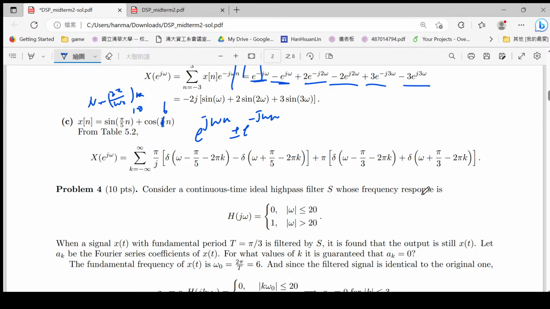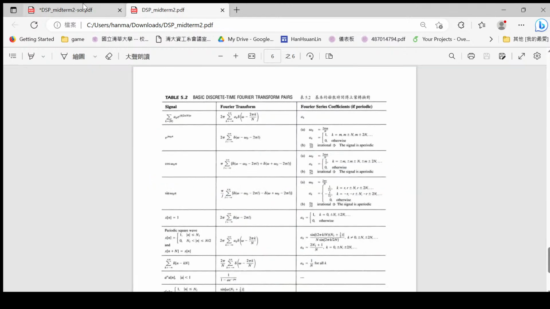Okay, any question? That's a weird one, but when you plug in this formula, be careful to make sure that when you are in discrete time, you actually get a periodic function. So this will be periodic. Okay.